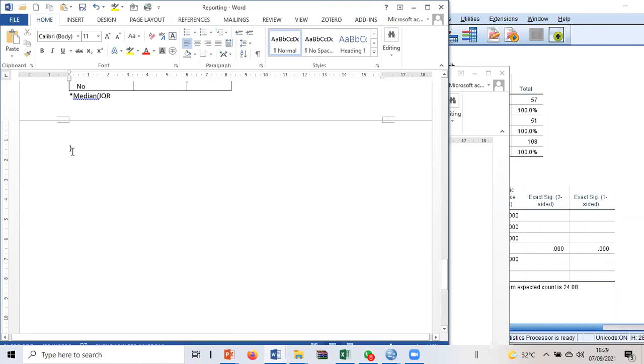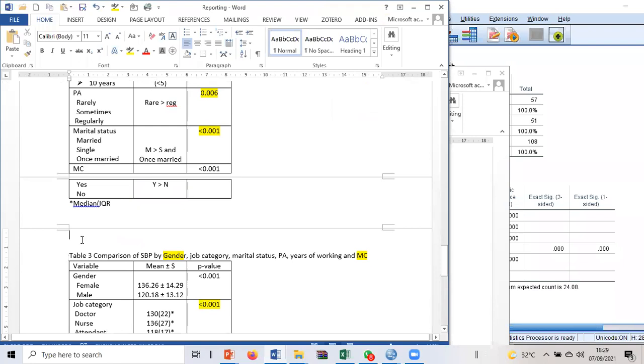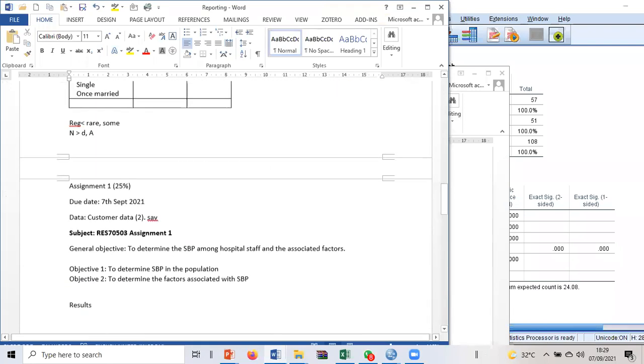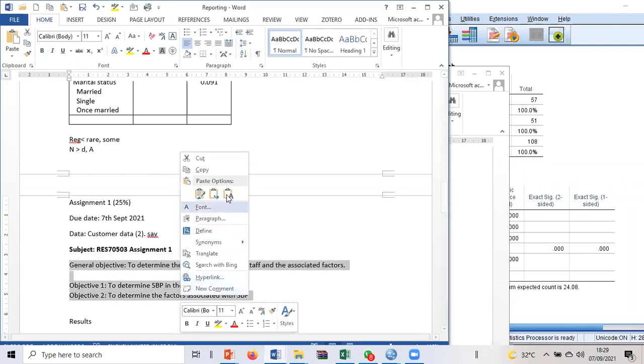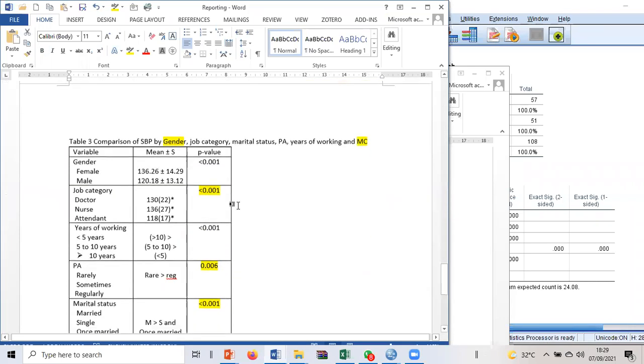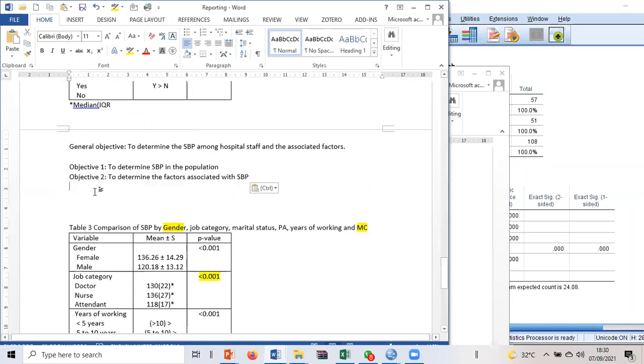What's the objective here? What could be the objective? Determine the hypertension in the population and the factors associated. Just now it was SBP, right? Now it's going to be categorized into hypertension.